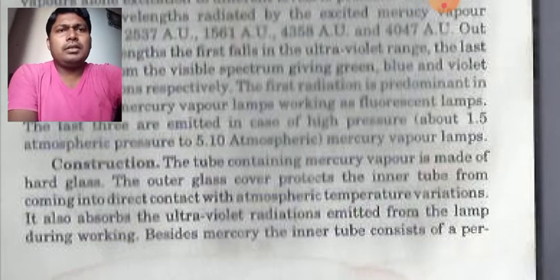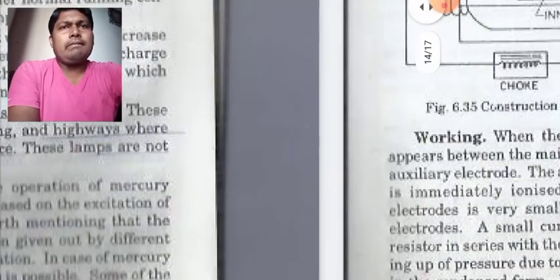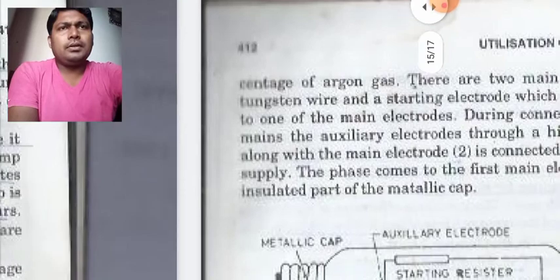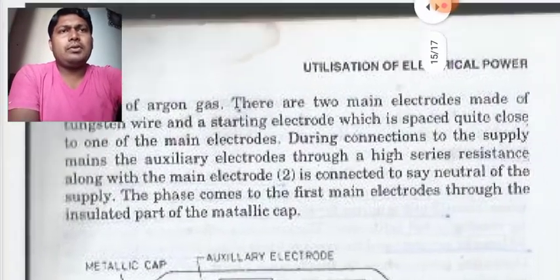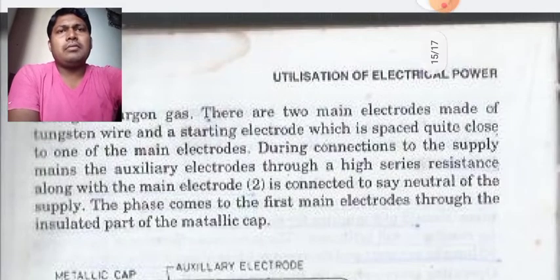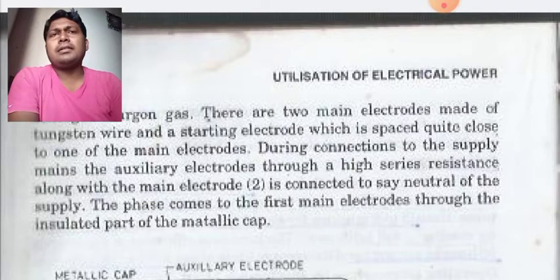Besides mercury, the inner tube consists of a permanent percentage of argon gas, and there are two main electrodes made of tungsten wires and a starting electrode which is spaced quite close to one of the main electrodes.